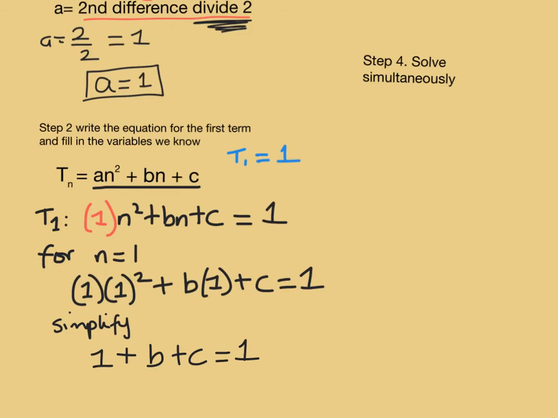Now you'll remember, if I want to just tidy this up further, what I'm going to do, and I'm just going to do the quick way, is take this 1 and bring it over to the far side. And when I do that, it becomes minus 1. So I get b plus c equals minus 1. And I'm just going to box that because I'm going to use that later on.